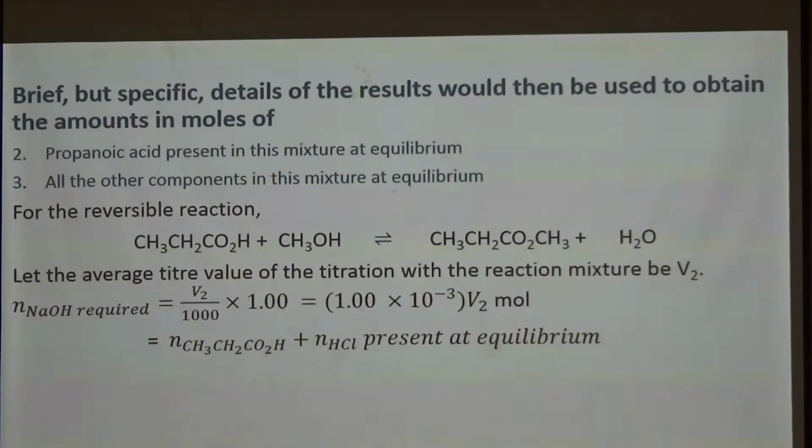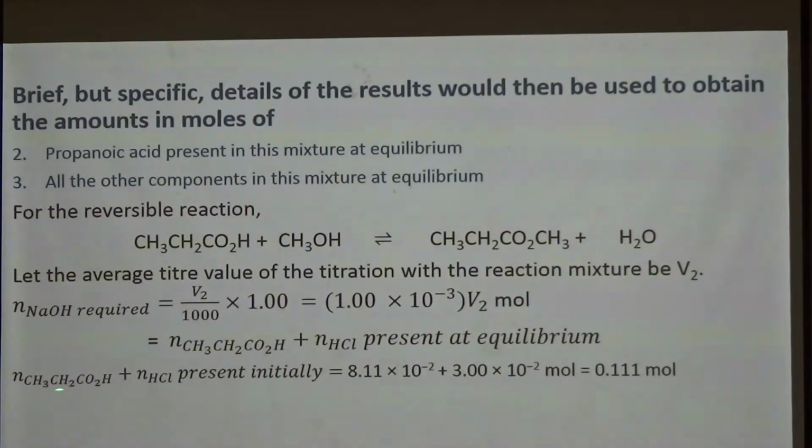Right? Because when you do acid titration, all the acids here will react with sodium hydroxide. Okay? You know from the previous part 1, that the amount of propanoic acid plus the amount of HCl present initially is this plus this. We've calculated that before.